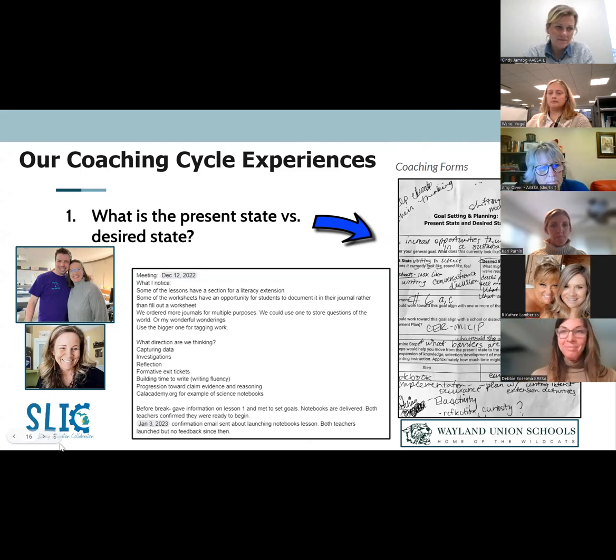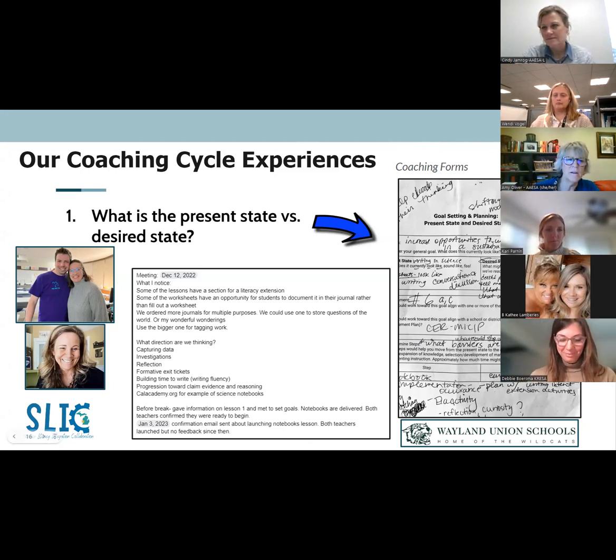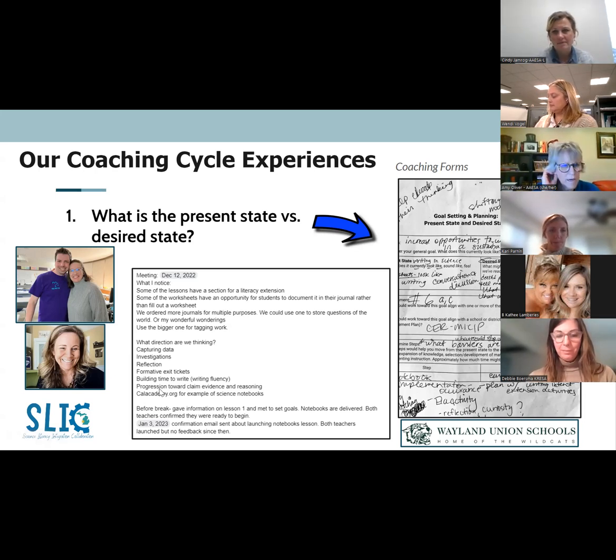Those are our folks on the left, our coach and our two teachers. And these are just some pictures of the notes that the coach took. You can see the meeting notes from December 12th are just some of her notes, and then a little bit more formal using the SLIC present state and desired state form. That seemed to work pretty well for her.